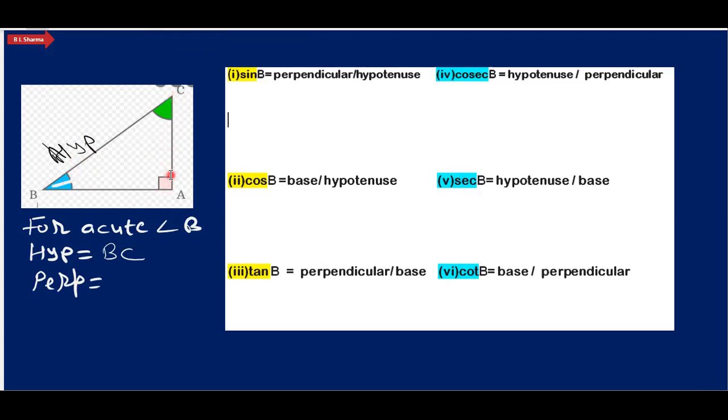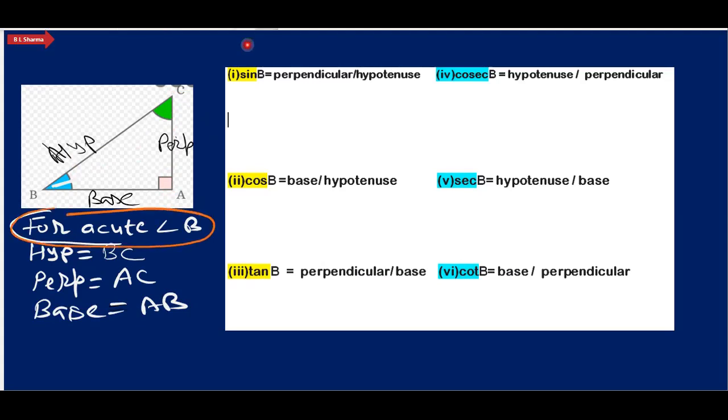So here AC is the perpendicular for acute angle B. The remaining third side is the base, so the base here is AB, and the hypotenuse is BC.